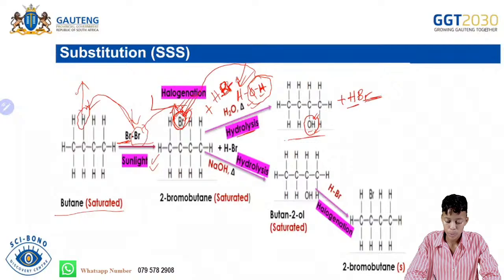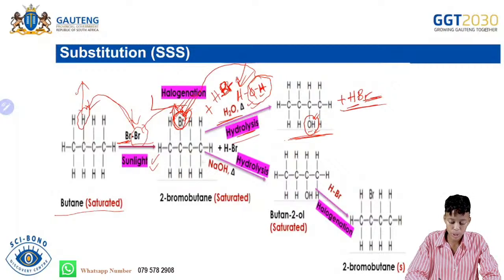So you will have this product that has an alcohol, and then you'll also have your HBr. So we said this type of reaction where you substitute with water is therefore going to be called hydrolysis.